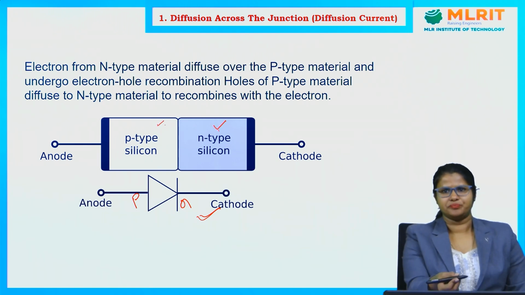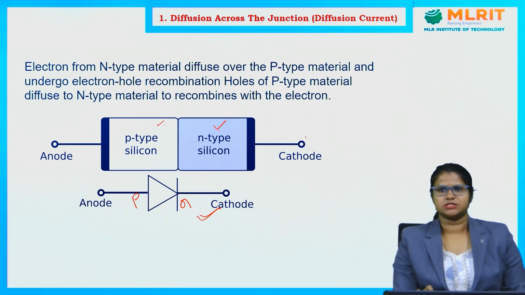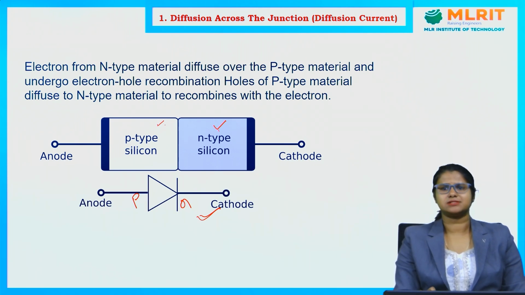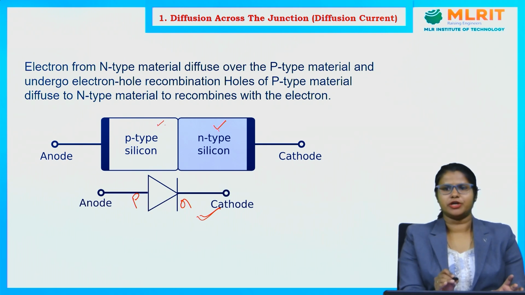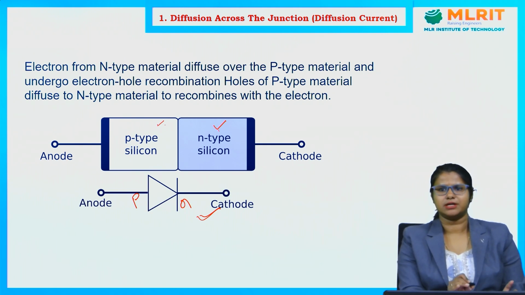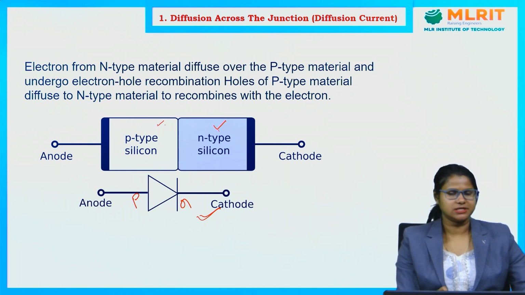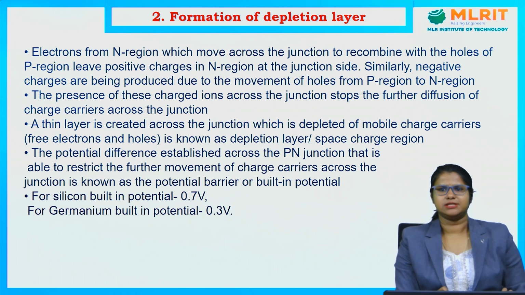When we join a P-type semiconductor to an N-type semiconductor, a depletion layer is formed. Let us see how that depletion layer is formed.